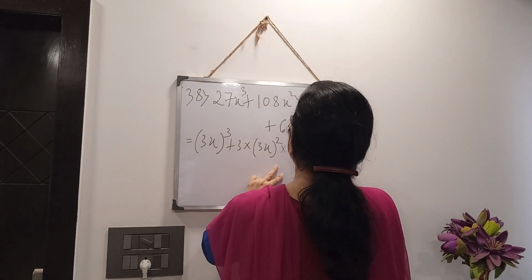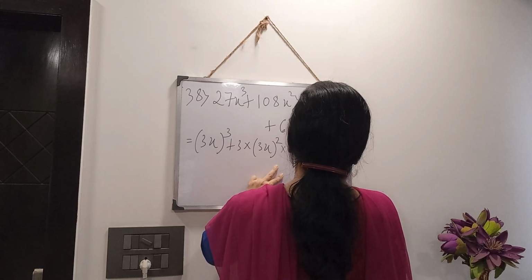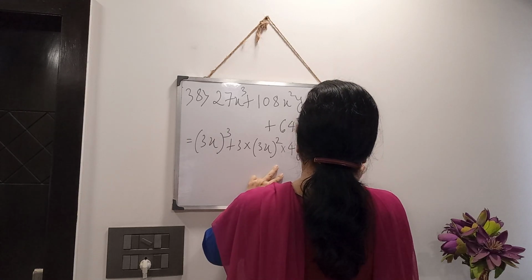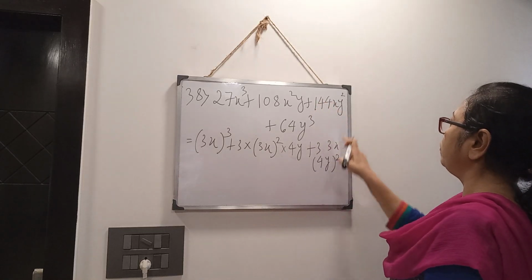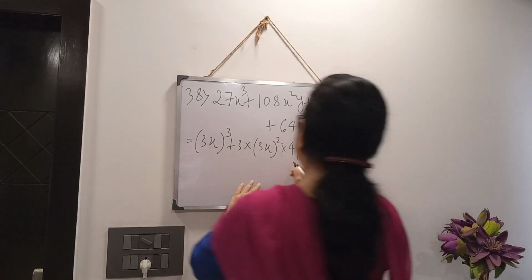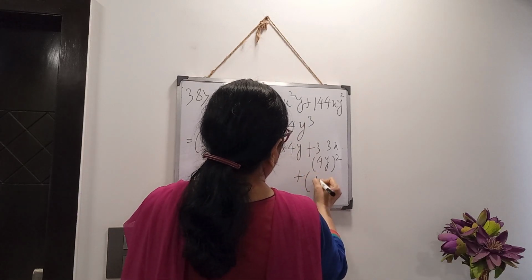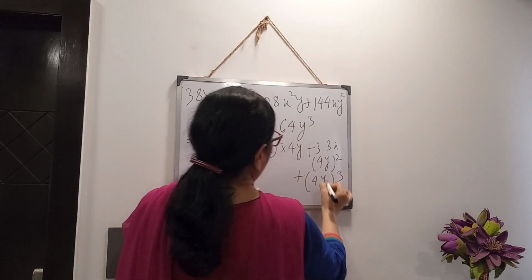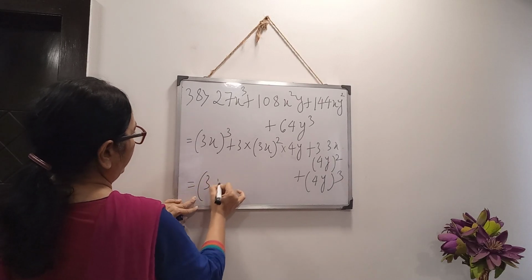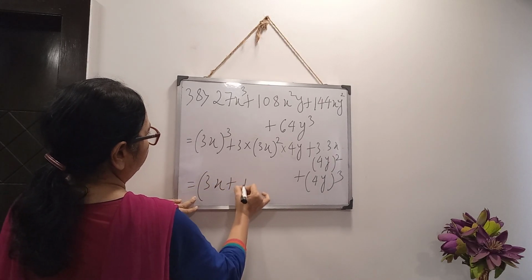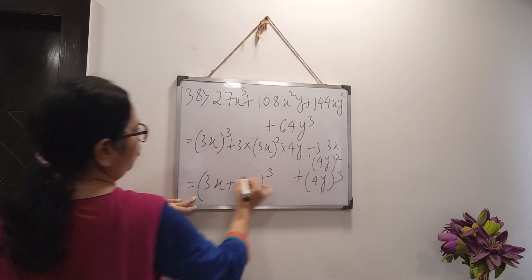Then 3a into b square. If you open the bracket, then you will get this term 144 xy square, plus b cube, which means 4y whole cube, which is 64y cube. Now this equals, we can write, a plus b whole cube.